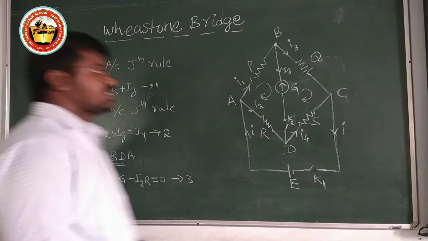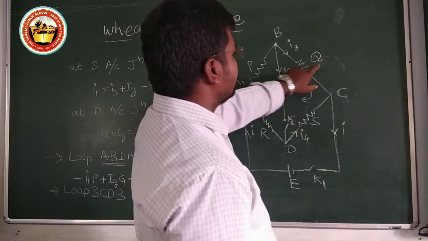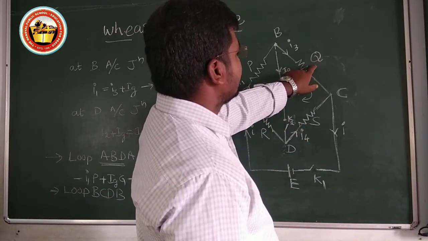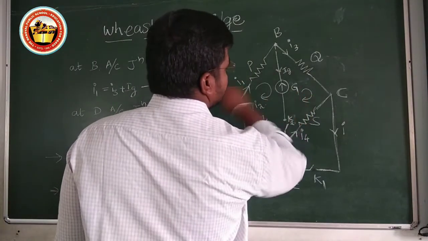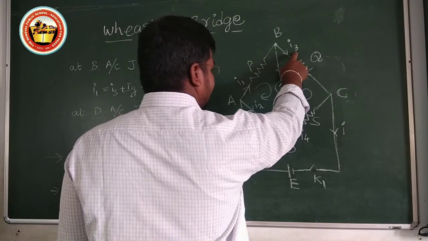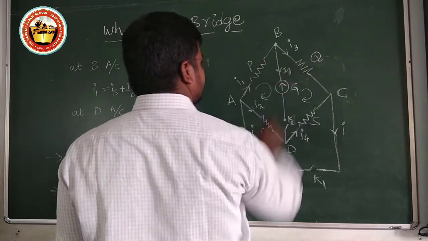Okay, so we can start from Q. I3Q: the current direction I3 and the clockwise direction are the same.